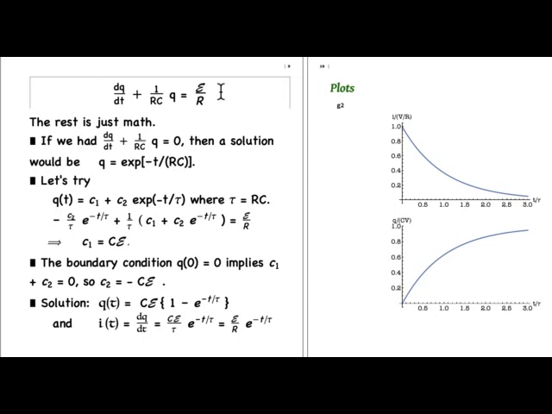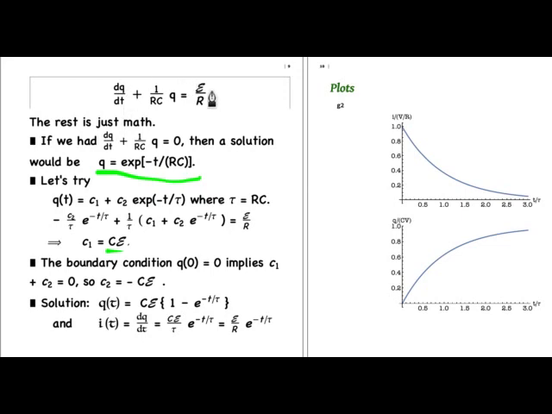E and C don't change in time, so dQ/dt would be 0. And this would be CE divided by RC. So this is a solution if E is not equal to 0.